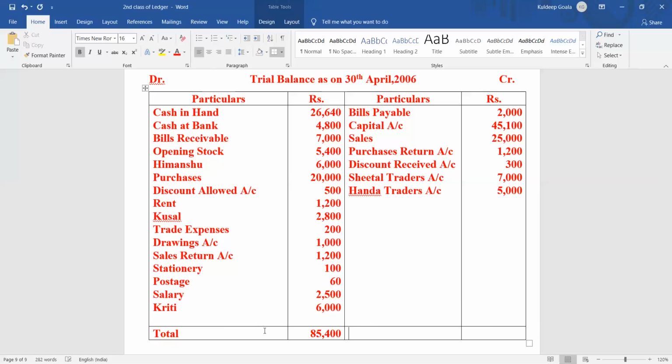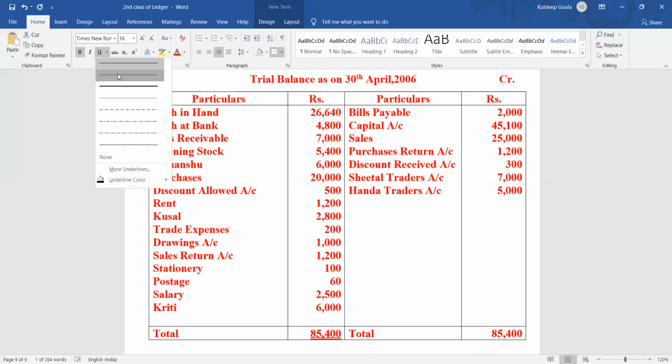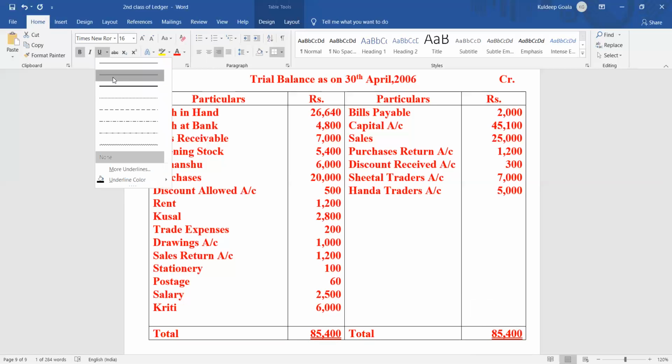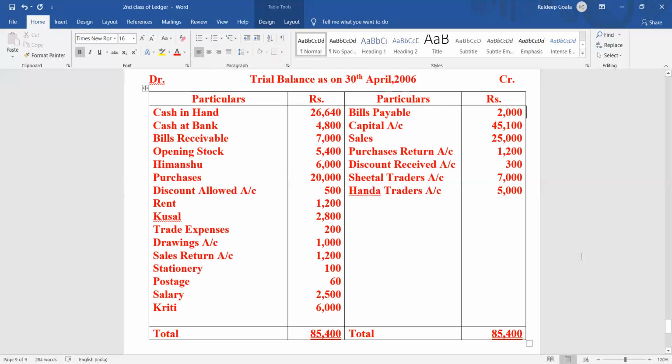The total of both the sides is 85,400. This is the total of both the sides, and the total should be closed by a double line. Both side totals should be closed by a double line. So this is one way of showing the trial balance.